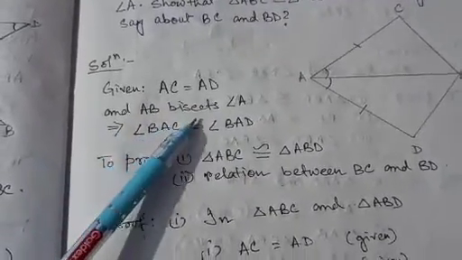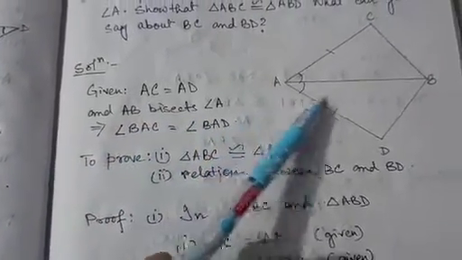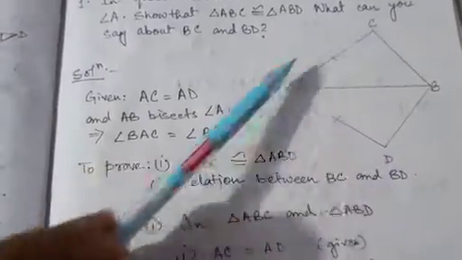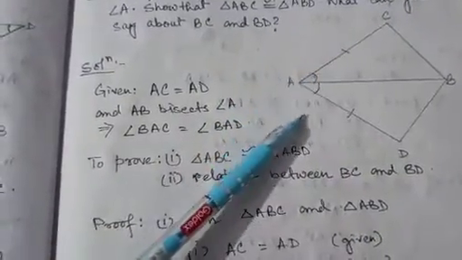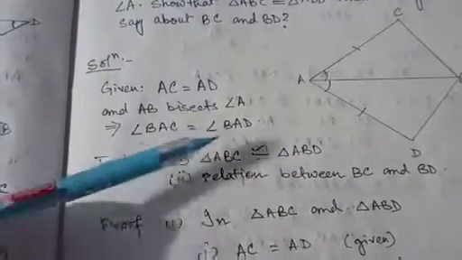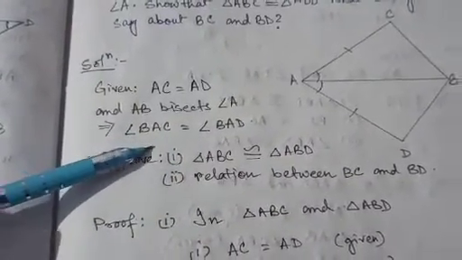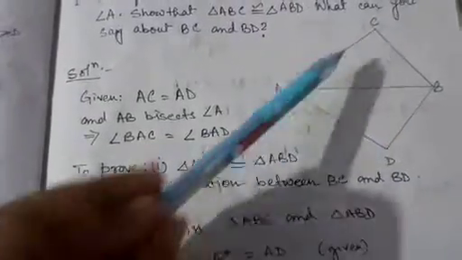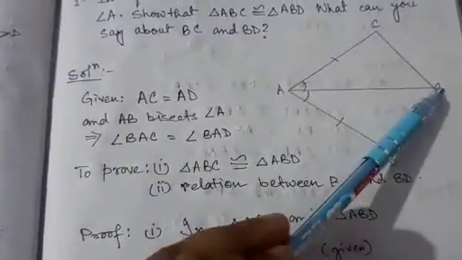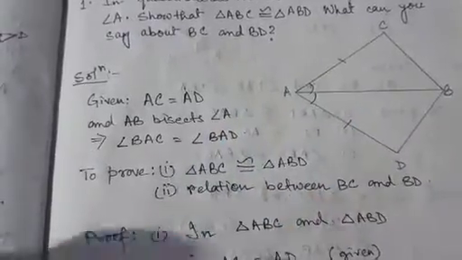And AB bisects angle A. So the line AB bisects angle CAD, the full angle. That implies angle BAC is equal to angle BAD. So BAC should be equal to BAD.